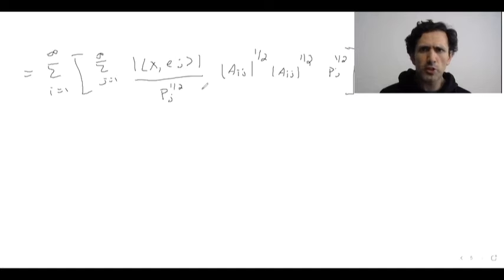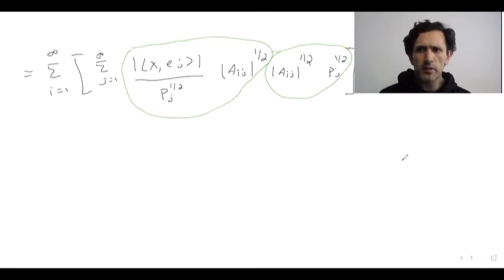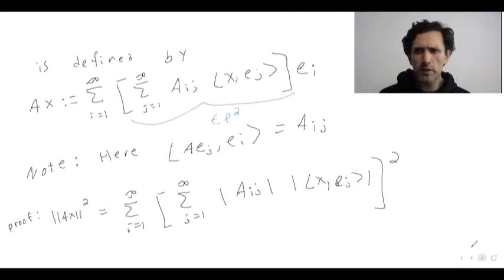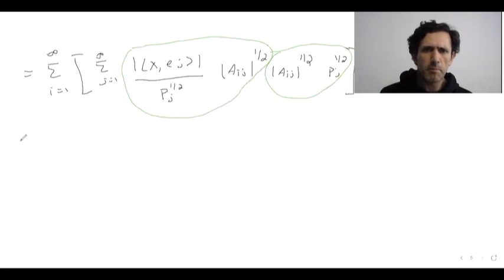My first Cauchy-Schwarz inequality is going to be with respect to this here and this here. Sorry, I need a squared here. If I don't have this squared here, that completely screws things up.